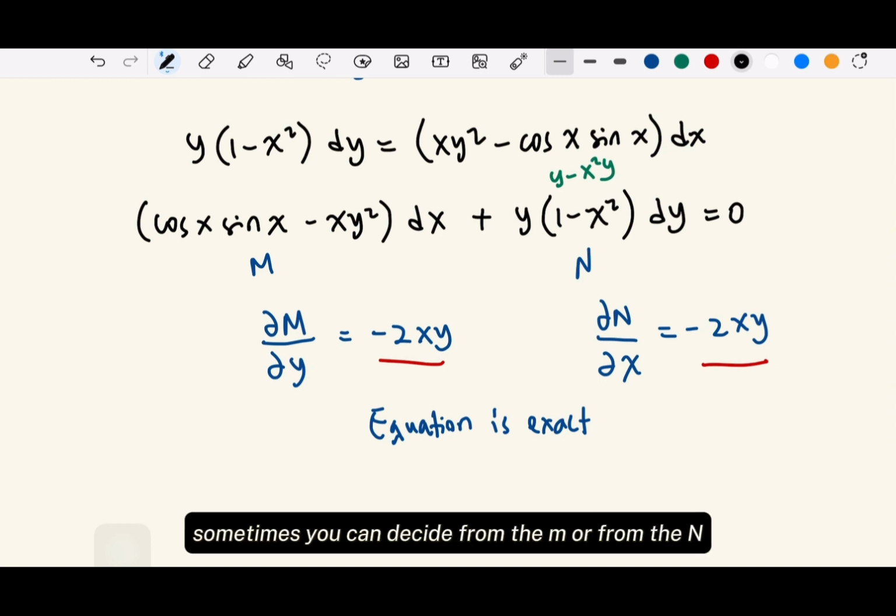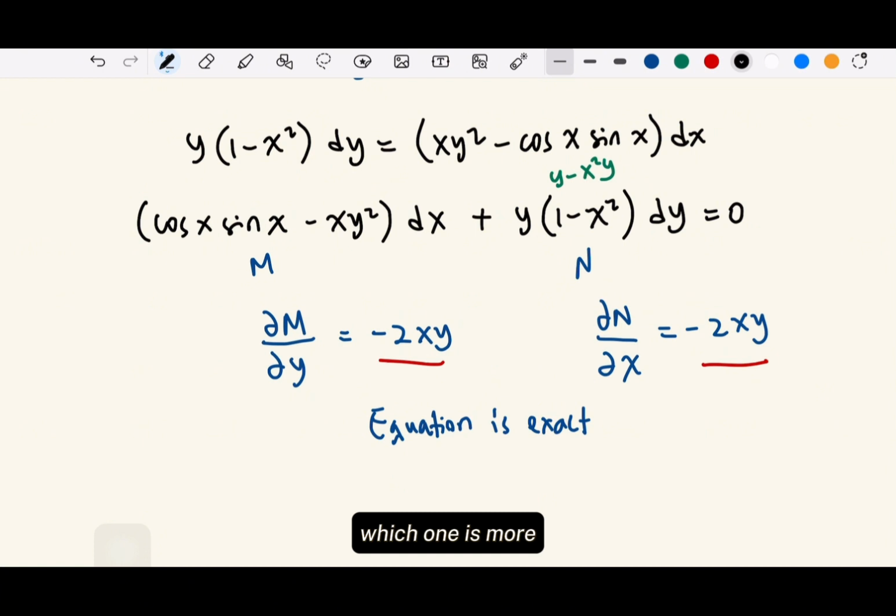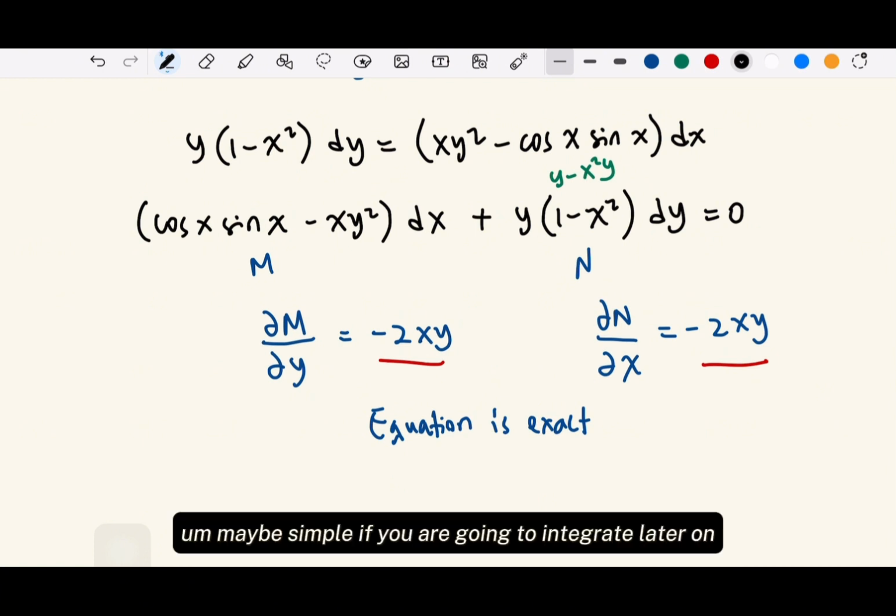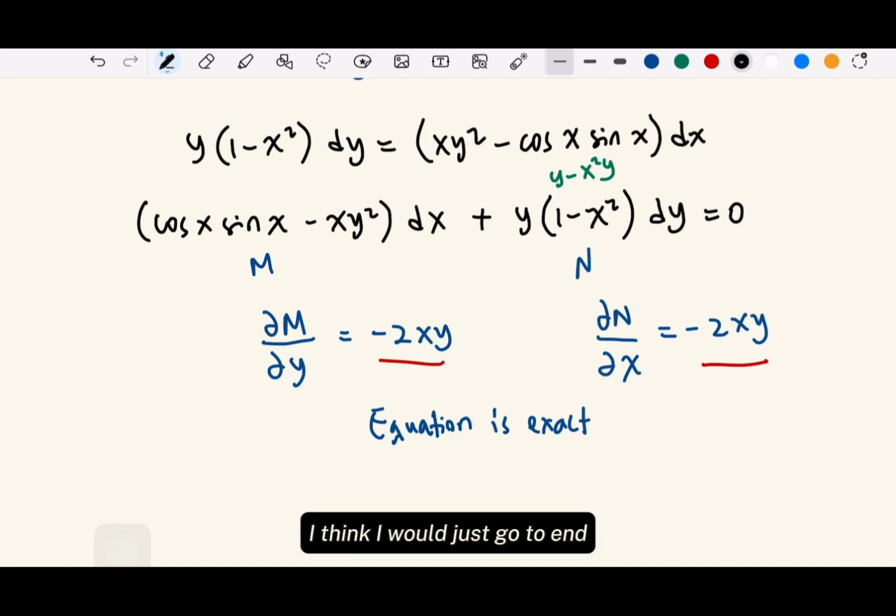Sometimes you can decide from the m or from the n which one is maybe simpler if you are going to integrate later on. I think I will just go to n. Okay, I will choose n.